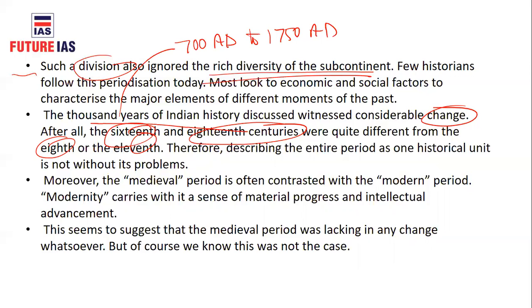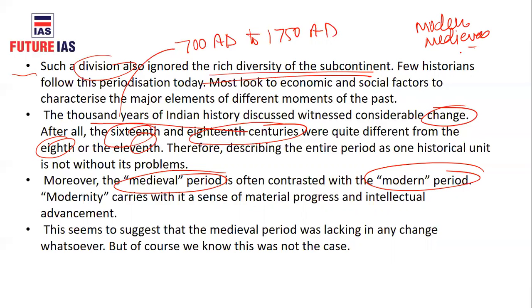And you must understand, when you talk about the medieval period, it is often contrasted with the modern period. Why do we call it the medieval period? Because we have attached modernity to modern history; you must have heard of the modern history book and the medieval history book, isn't it? So why do we attach this word modern to the history books?